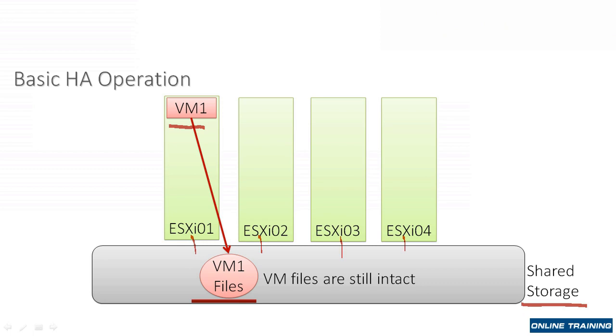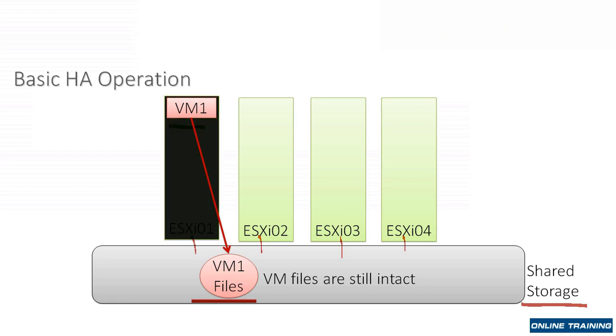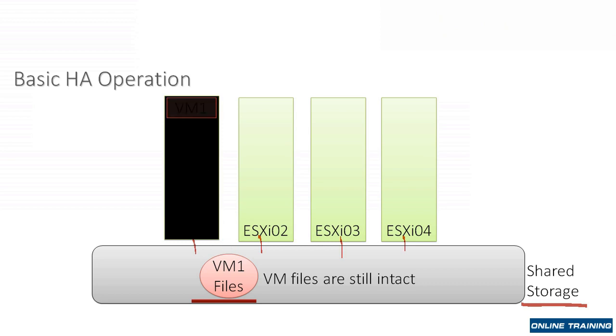So I've got shared storage, I've got VM1 running on ESXi01. And then something goes wrong, and ESXi01 fails. So now the host that VM1 was running on is down, and my VM can't run if the host is down. So VM1 fails right along with that host.